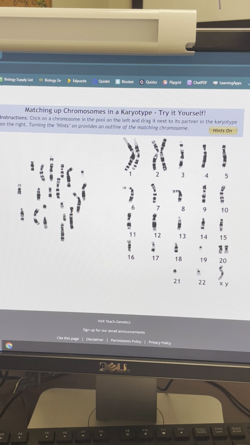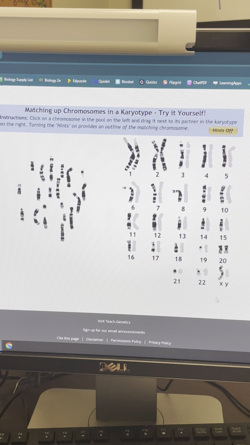The light band, then a dark band, then kind of an alternating pattern at the bottom. So what I'd like you to do is continue to match these chromosomes until you get the completed karyotype. What you can do to help is turn on hints, which can also help you match the chromosomes.